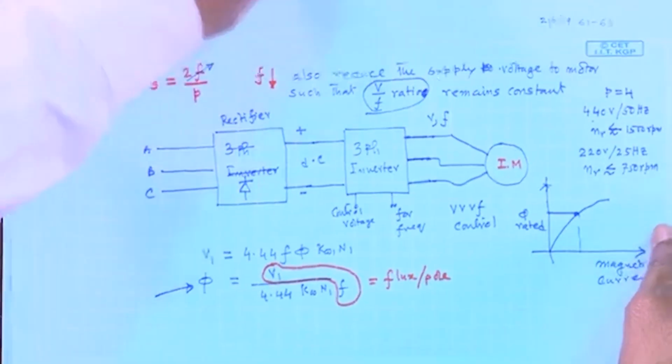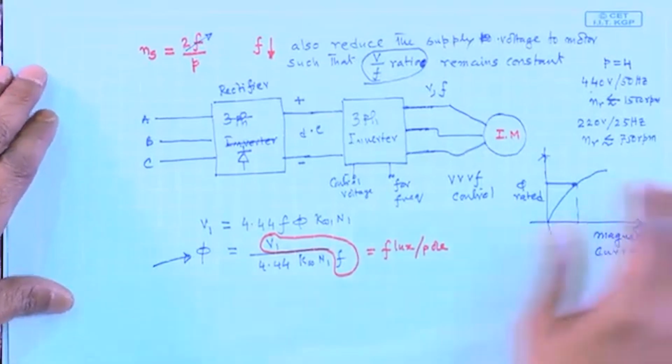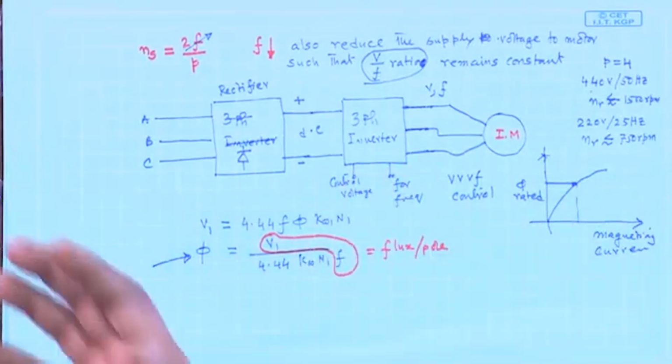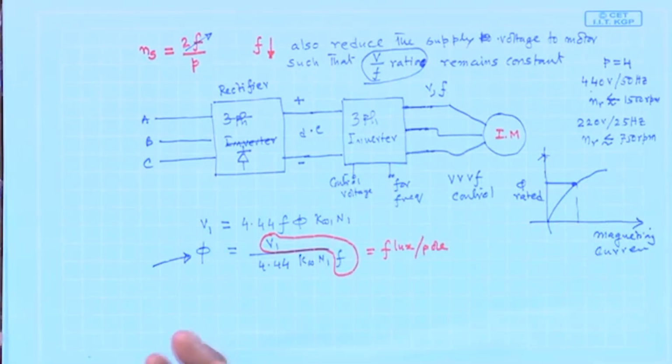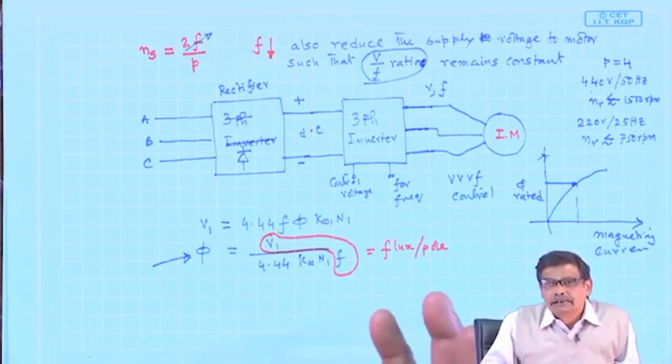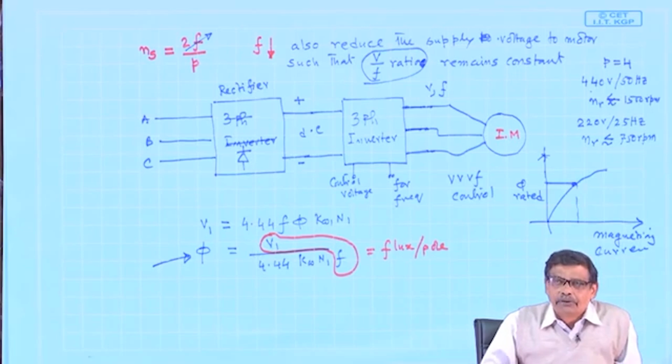See, the moment somebody makes a connection like this, the motor is no longer fed by a constant frequency supply. That was the problem in earlier days. People used to say, okay, the induction motor cannot really replace a DC motor, where speed control is so easy.